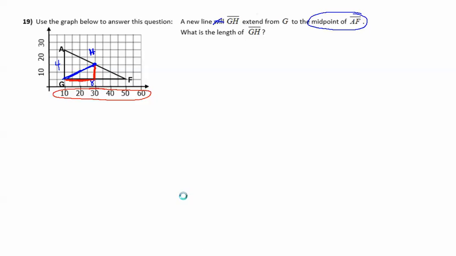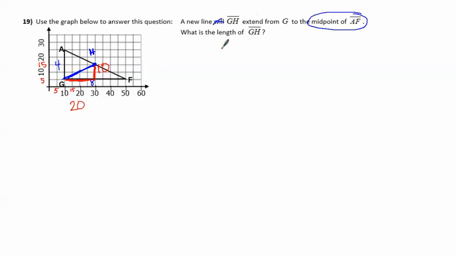Rather, each block is 5, because every 2 blocks I've hit 10 units. So this should be 5, then 10, then 15, then 20. So this length from 10 to 30 is actually 20 units long. And this height here goes from 5 to 15, so it's actually 10 units high.